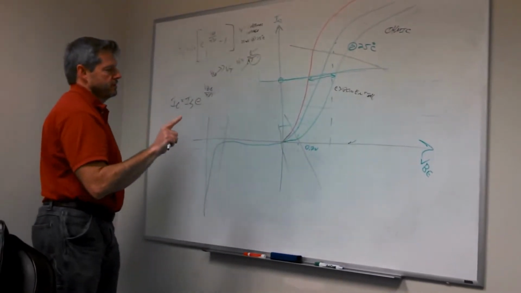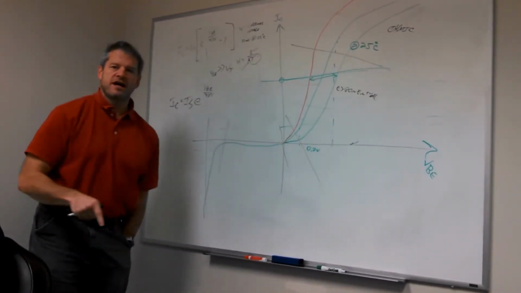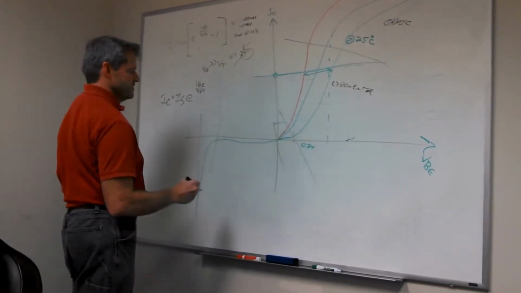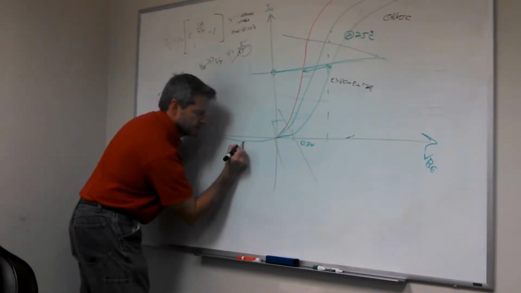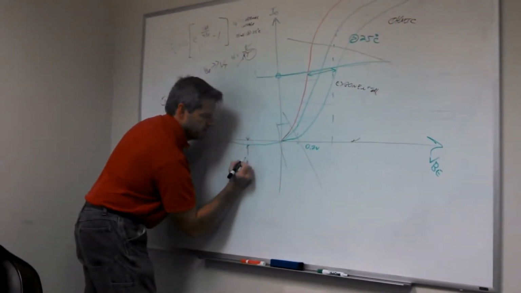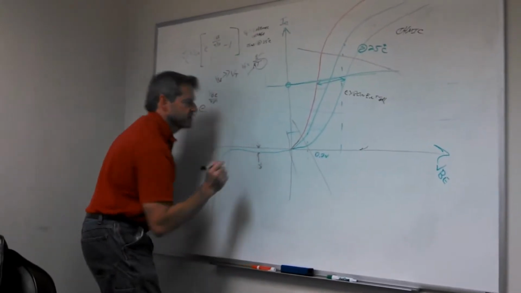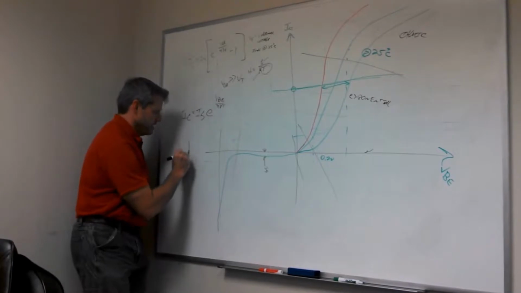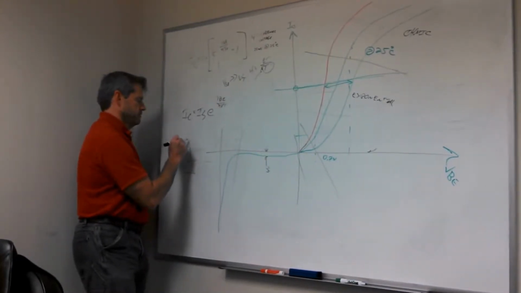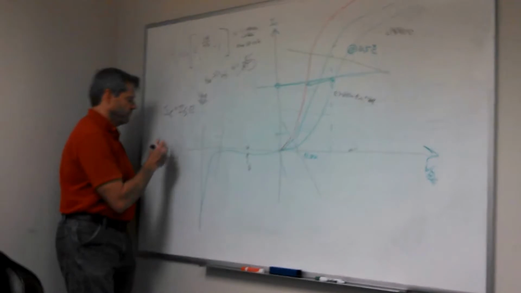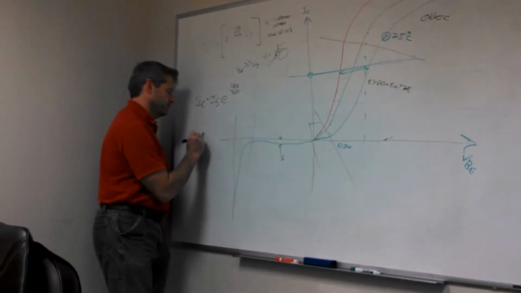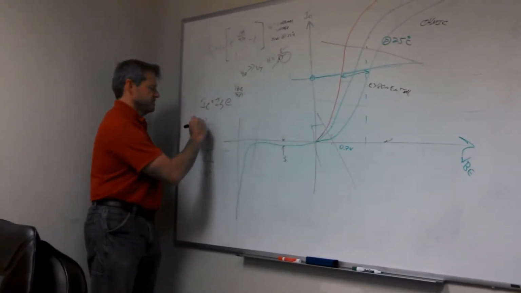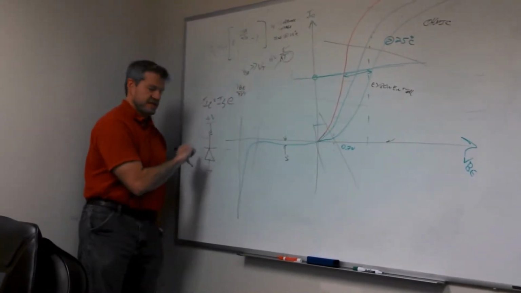Now, you were asking, how do you measure IS? What is IS? IS is this reverse current. If I take my diode and hook it up to a voltage source, connected through a resistor so that this is some positive voltage, it's reverse biased.